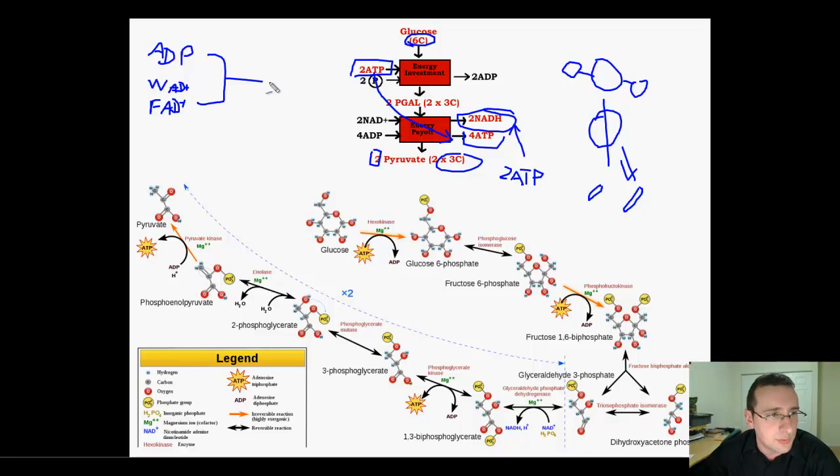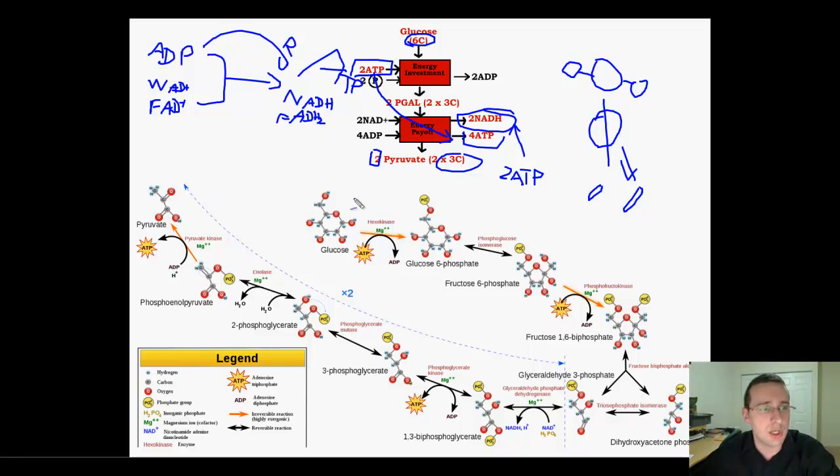When these get reduced, they receive electrons, they become charged, like ATP, right? NADH, which is the charged version of NAD, and then FADH2, which is the charged version of FAD. Now, when you uncharge them, you oxidize them, and the electrons are lost, and they become uncharged again.